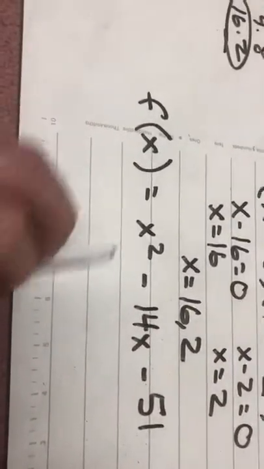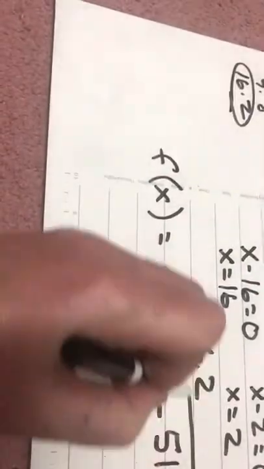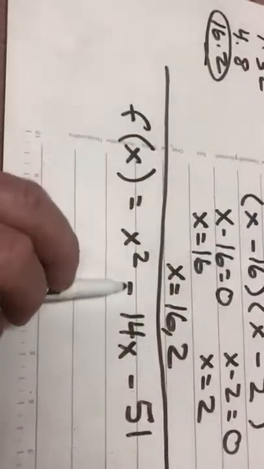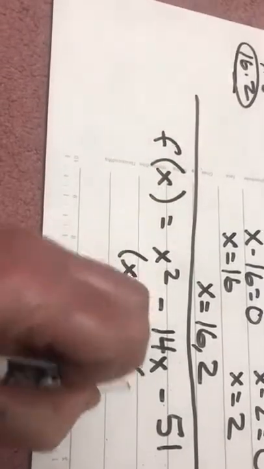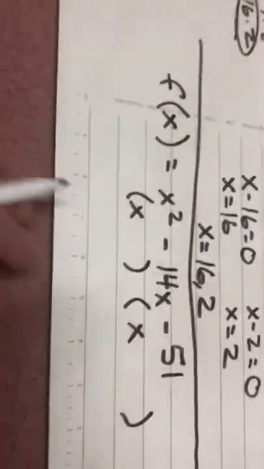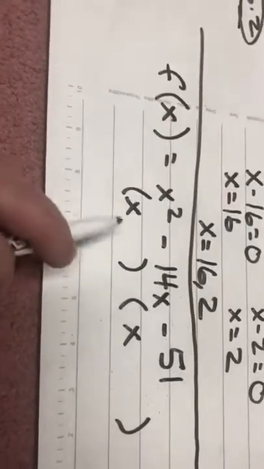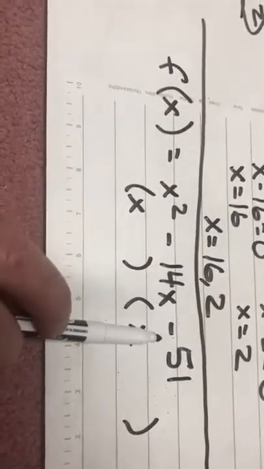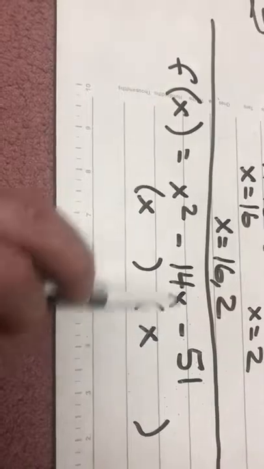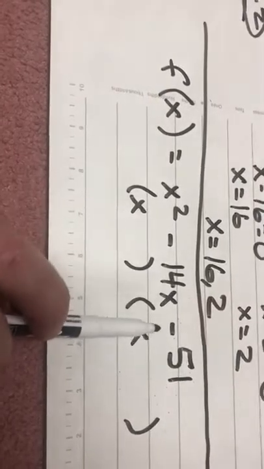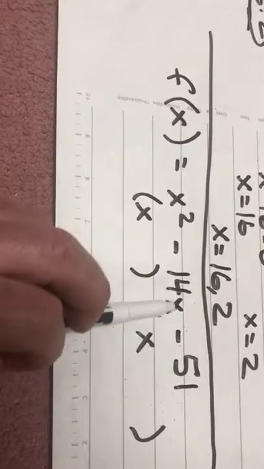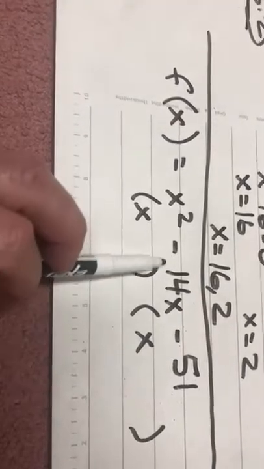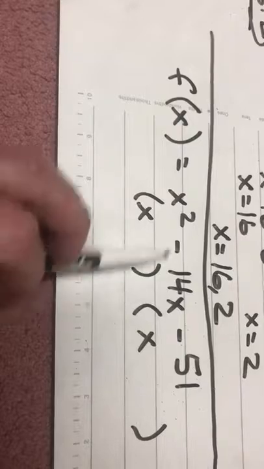Well, once again, I'm going to have to factor it, and I see that it's x squared, so I know it's going to be x and x, so that's not difficult to understand. But now, once again, I have to find two numbers that multiplied together equal negative 51. Those same two numbers added together have to equal negative 14.